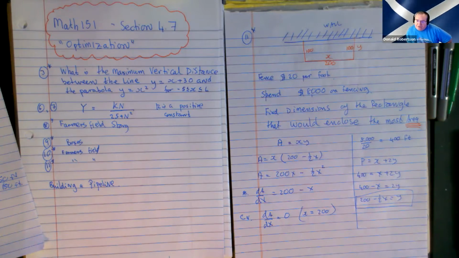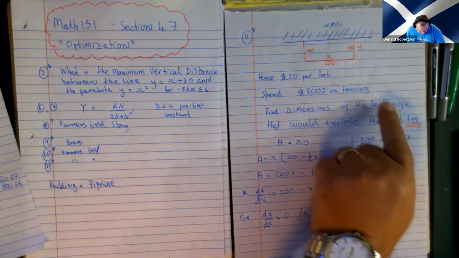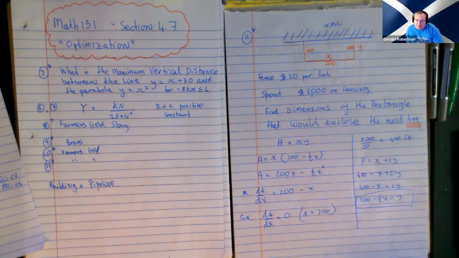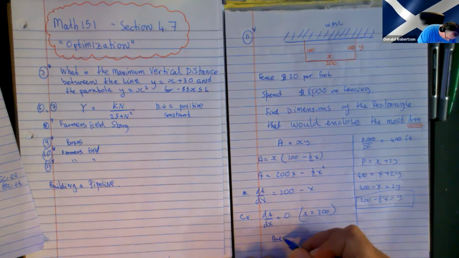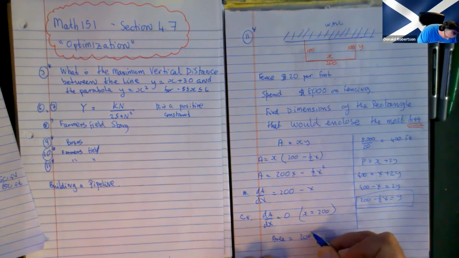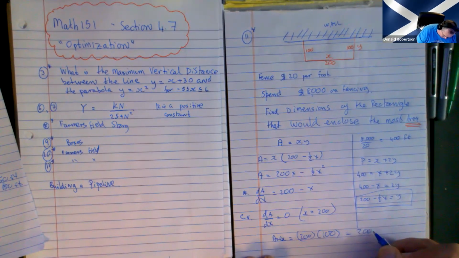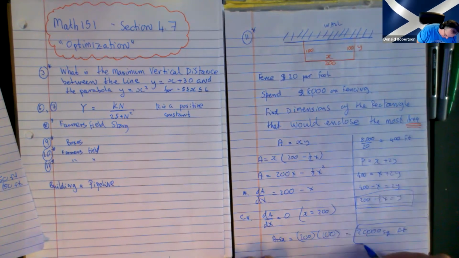And those are the dimensions that will get you the biggest area of fence. Now, if the question had been find the dimensions, the answer will be length is 200, width is 100. If the question was find the maximum area, then I would only be writing one number down, and that would be the length and width multiplied together, in which case the answer would be that.